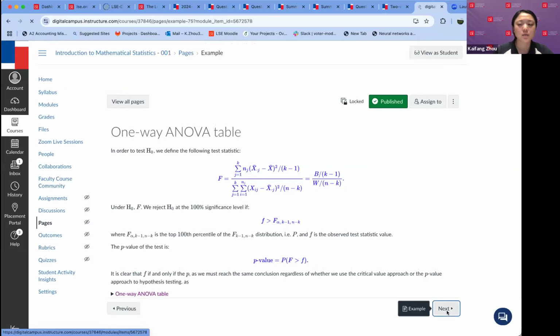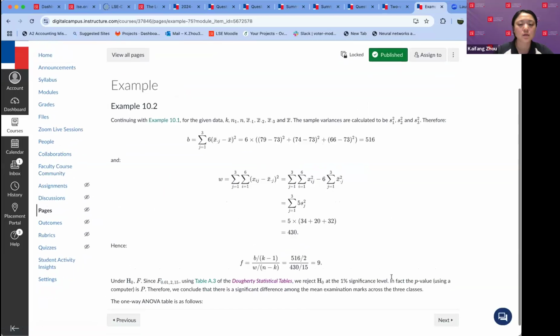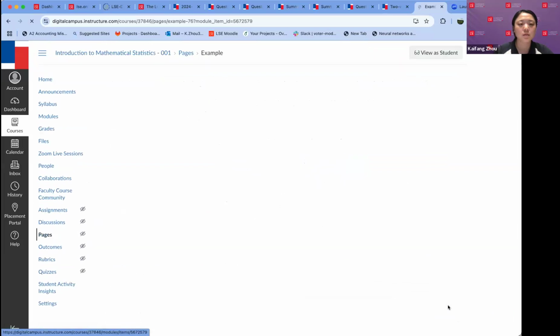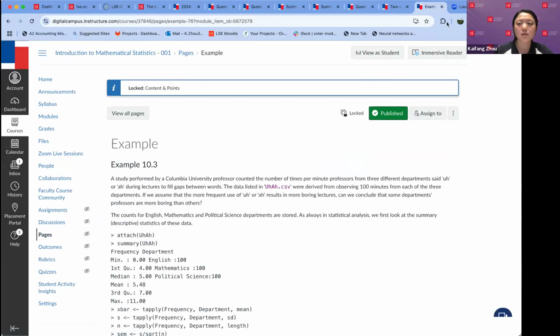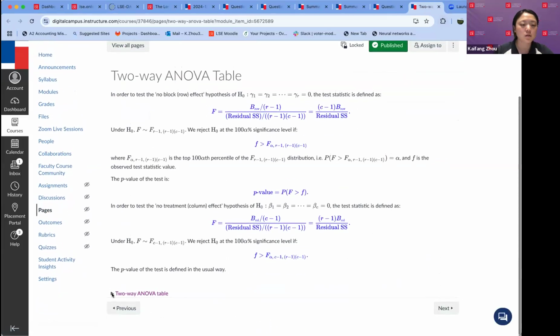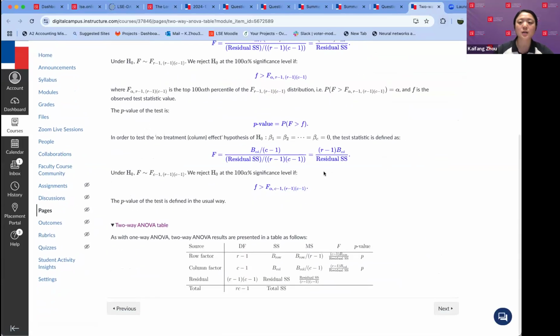Where's the table? I can't find the table, but oh yeah, this is the table. This is a two-way table, and then we also have a one-way.